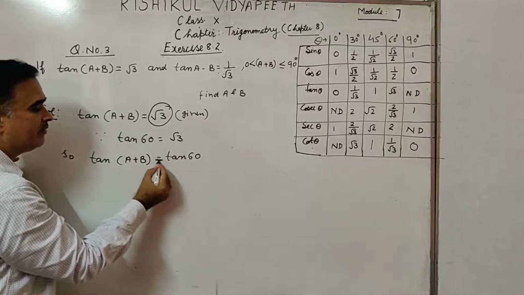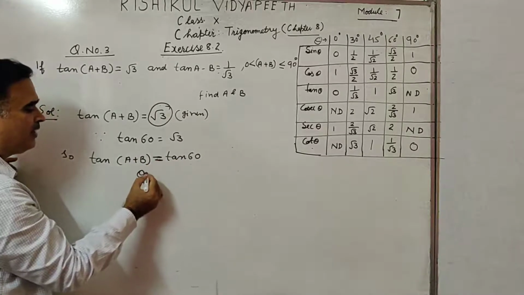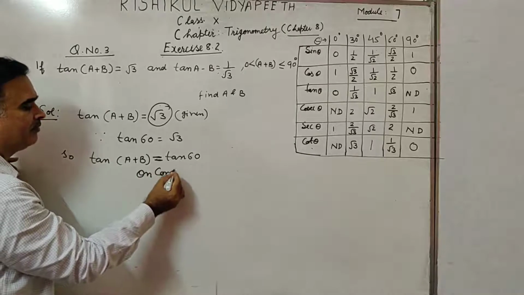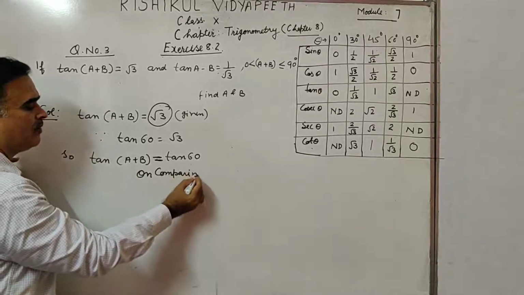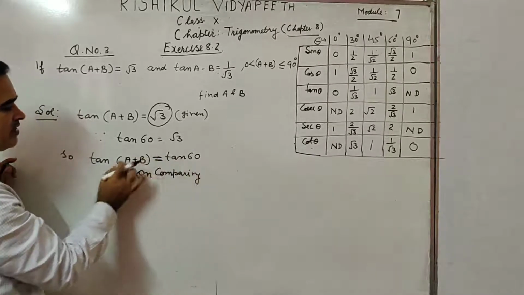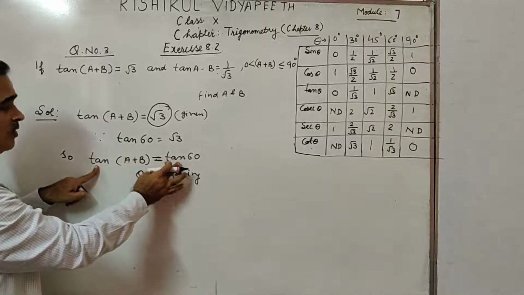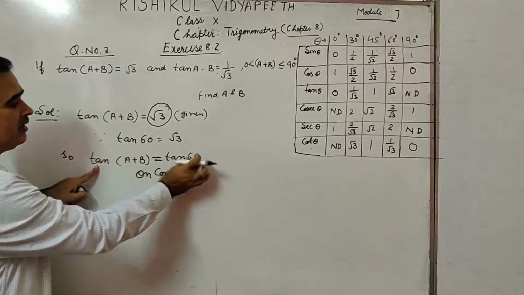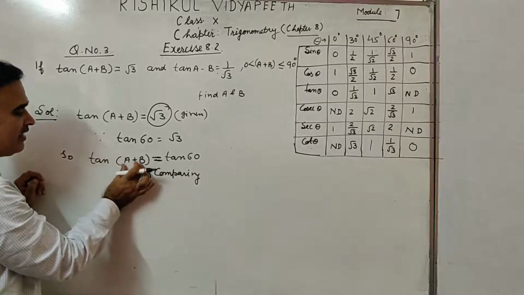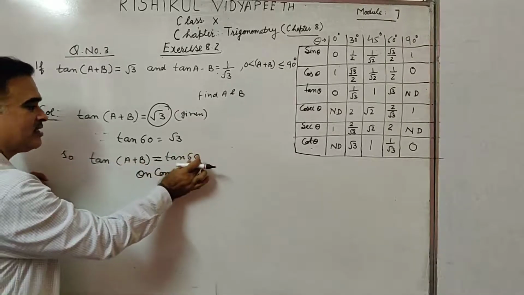This is the equal sign. On comparing, we see the left hand side and right hand side. In place of tan, tan is there, and this is theta and this is theta. In place of this angle it is written a plus b, and this is 60.